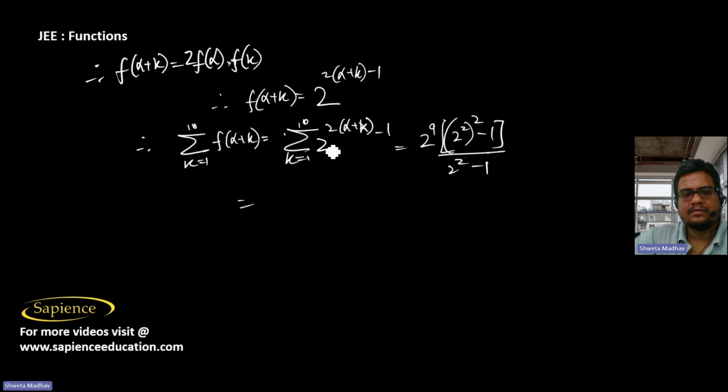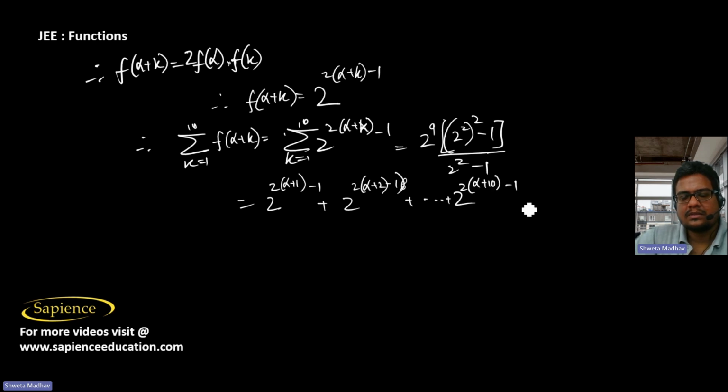Therefore the first term, for k equal to 1, is 2 power 2(alpha + 1) minus 1, plus 2 power 2(alpha + 2) minus 1, plus it will go till 2 power 2(alpha + 10) minus 1. So now here you can see that the exponents go 2 alpha plus 2 minus 1, so plus 1; 2 alpha plus 4 minus 1, so plus 3; 2 alpha plus 20 minus 1, that is 19.